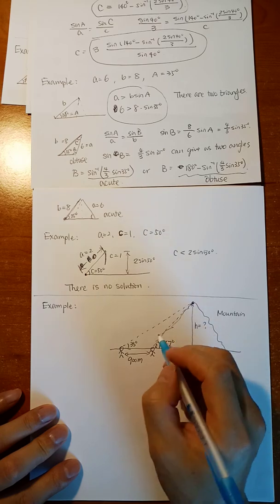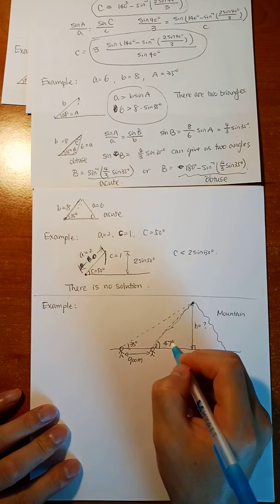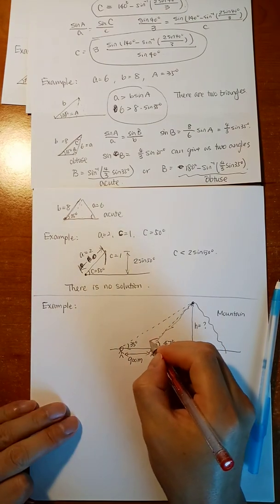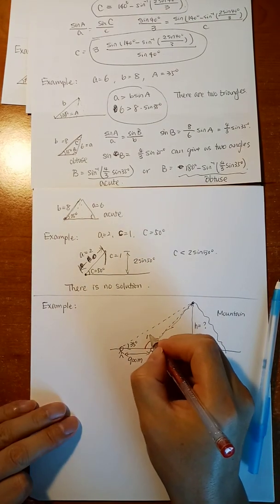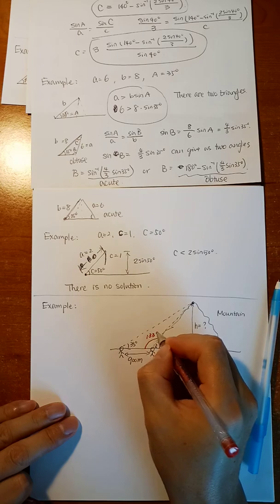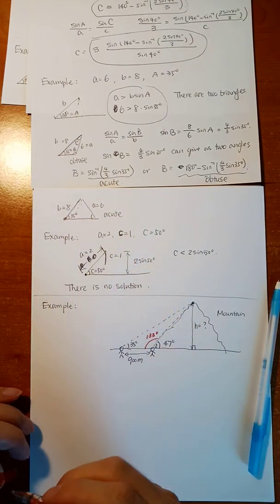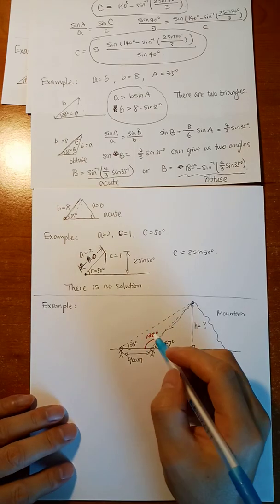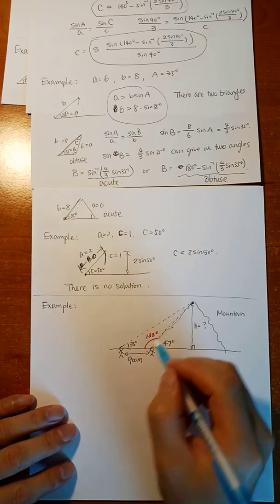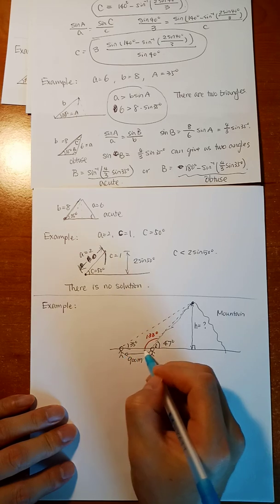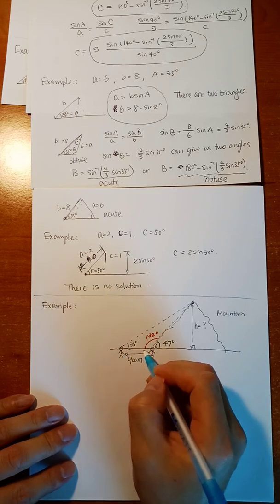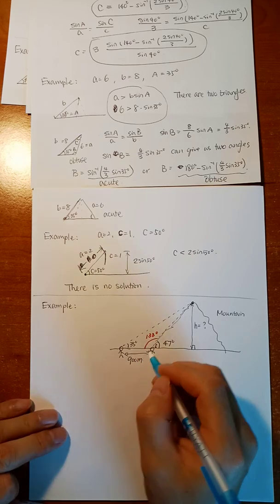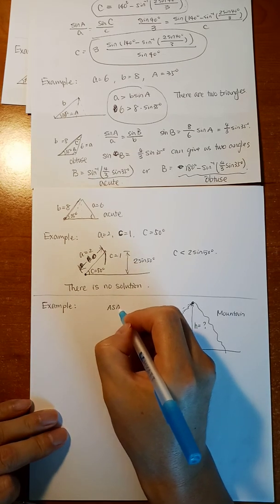This angle is 47 degrees, and this angle is 133 degrees, right? The sum is 180, so you use 180 minus 47 and you get 133 degrees. And one side is 900 meters. So you have angle, side, angle. This is an ASA problem.